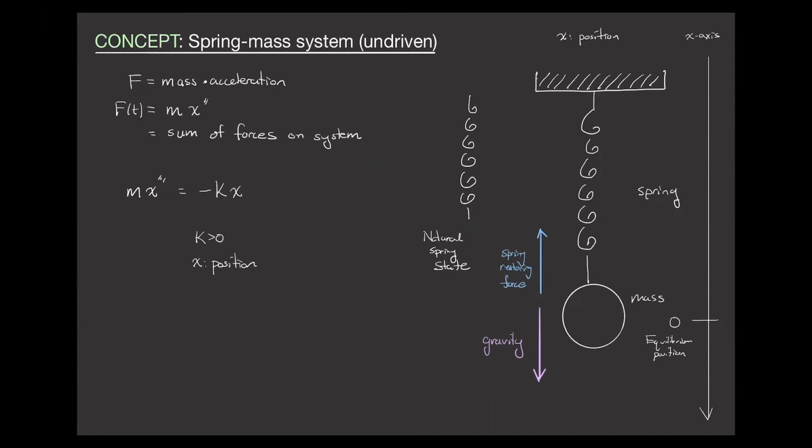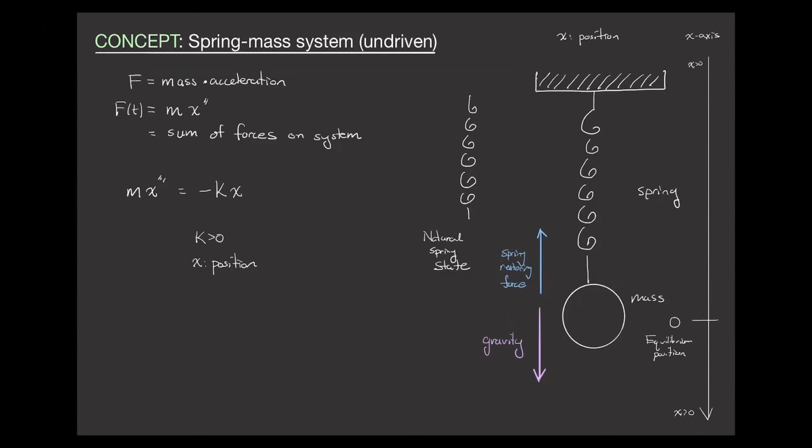So let's say this is positive x, and this is negative x. It's usually how they do it, but you can set up your own coordinate system. Let me draw this.